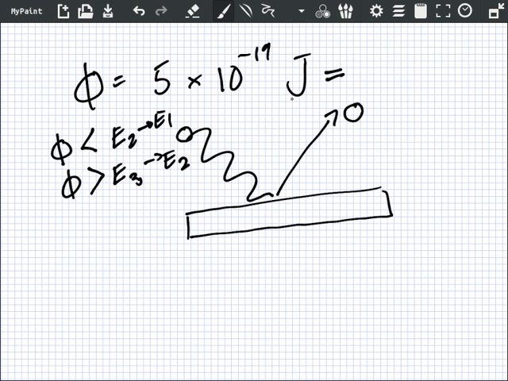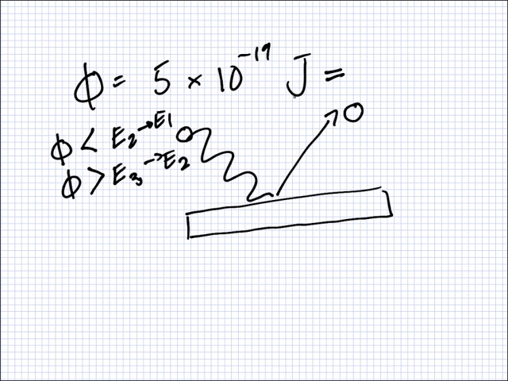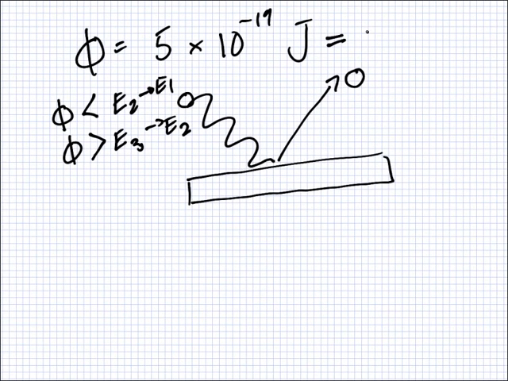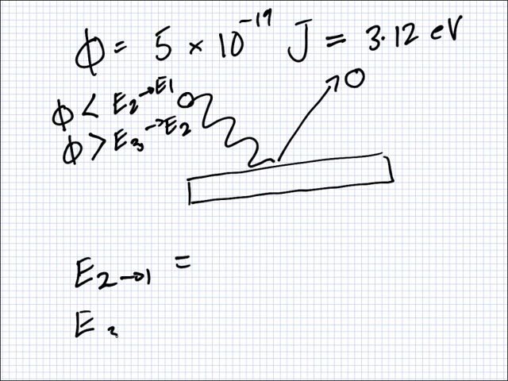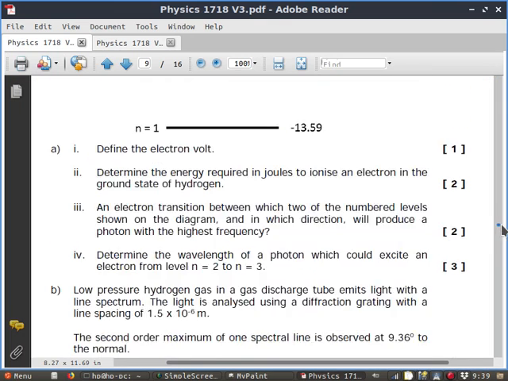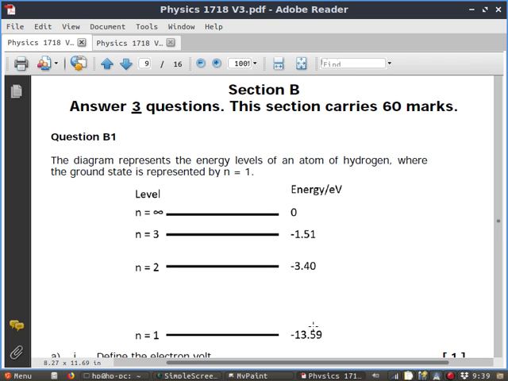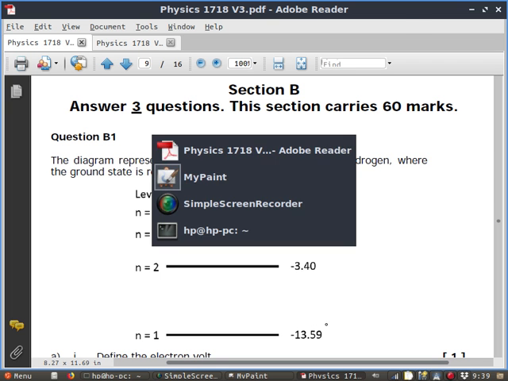So just over 5 over 1.602, it's 3.12 eV. So from 2 to 1 equals, and from 3 to 2 equals, so let me see, go back to the picture. 2 to 1, oh that's like 10.2, wasn't it?